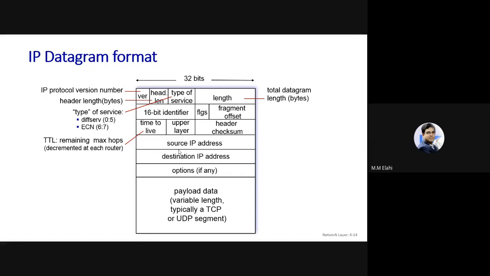Then the second one will change the value to 18. So in this way, if the TTL value is 0, then the receiving router will discard the packet. That is the idea. So that a packet cannot travel in a network for an indefinite amount of time.